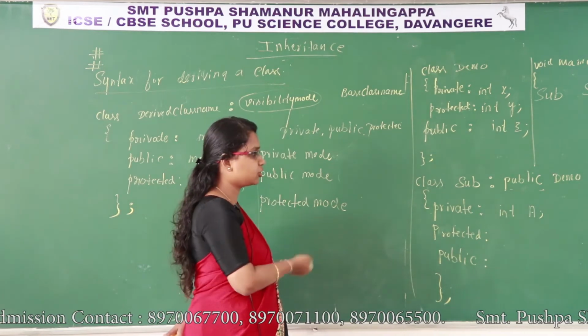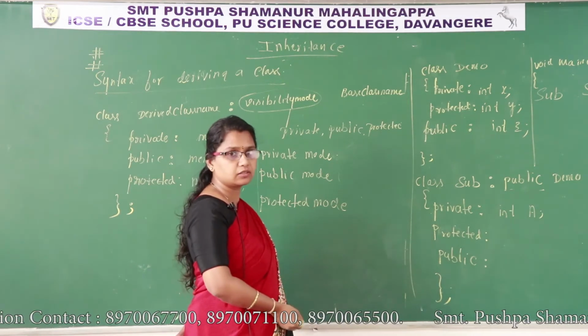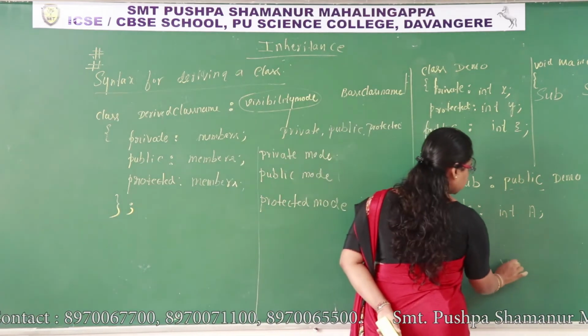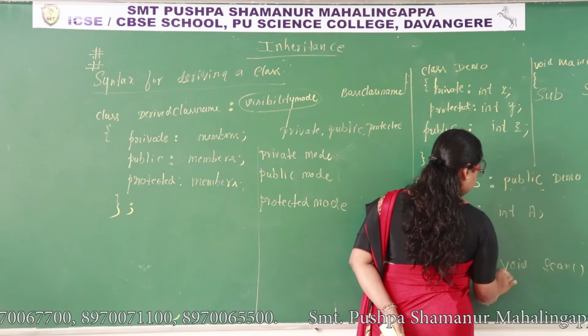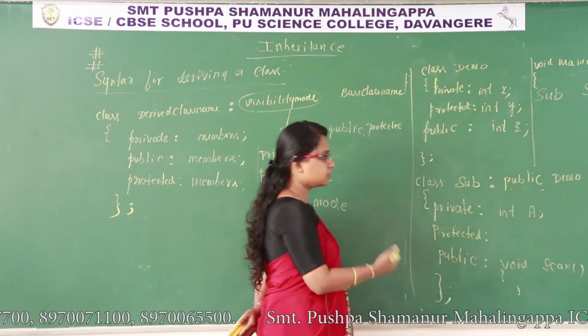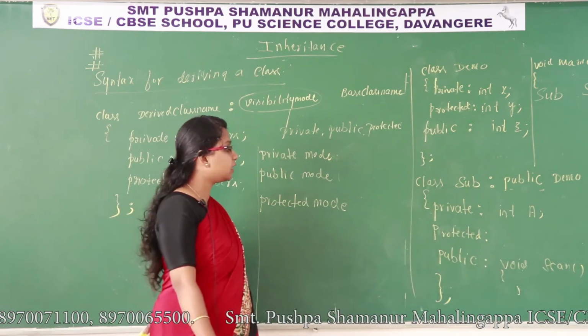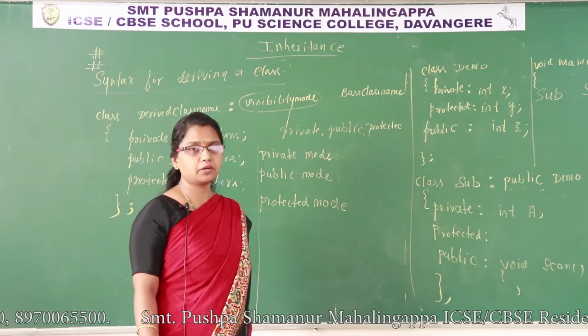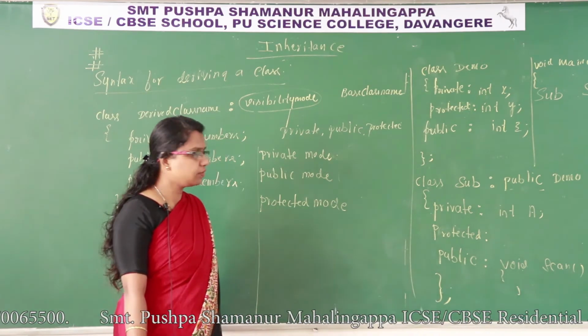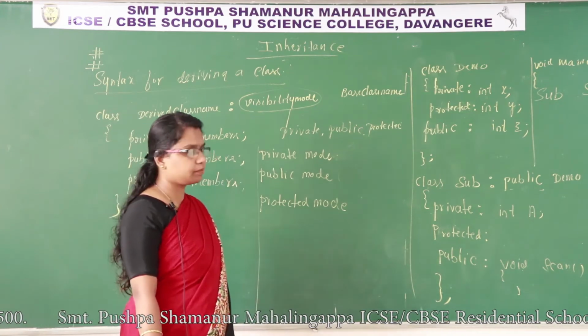I must take a function in a public section. If I take void scan, this function accesses the private data a, and that public member can be accessed through the main function. Are you understanding?